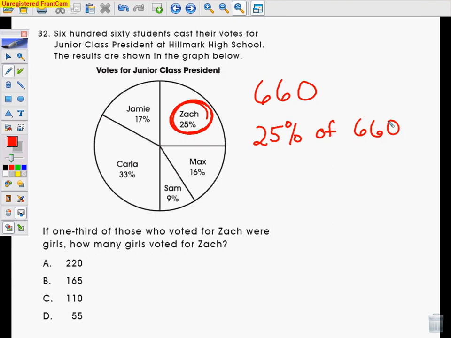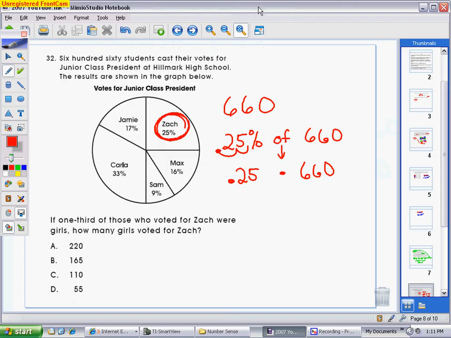Now, you're not just going to multiply 25 times 660, obviously, because that's going to be bigger than 660. When you're doing percentages, you need to change this percent into a decimal. And you do that by taking your percent and moving it over 2 places to the left. So this is 0.25. In mathematics, of usually means multiply. So let's see, 0.25 times 660.